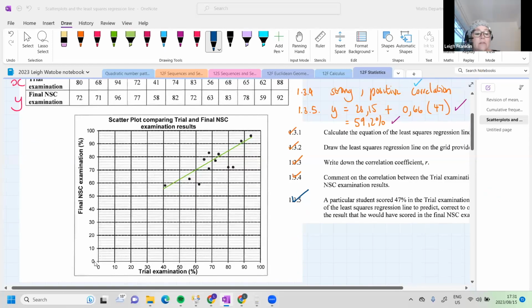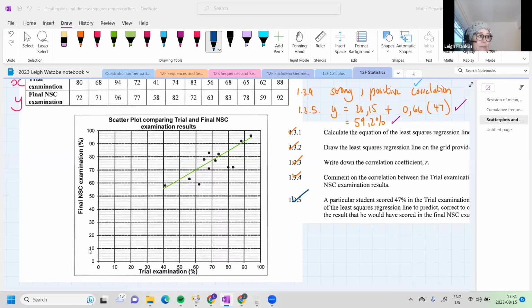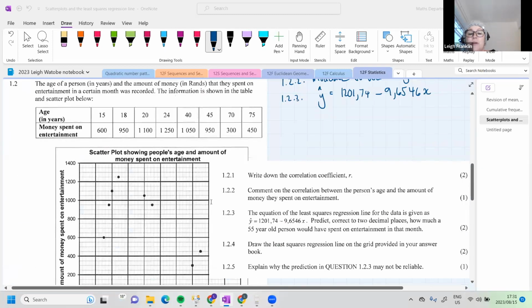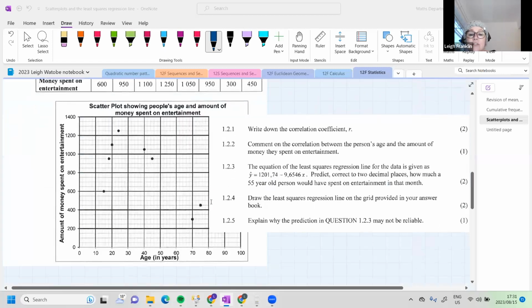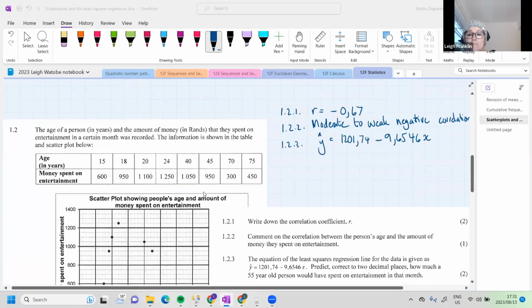So what this tells us is that if you tend to do well in trials, you should also do well in your NSC final exams. So the better you tend to do in trials, the better you tend to do in your NSC final exams as well. Okay, so that's the difference between a positive and a negative correlation.